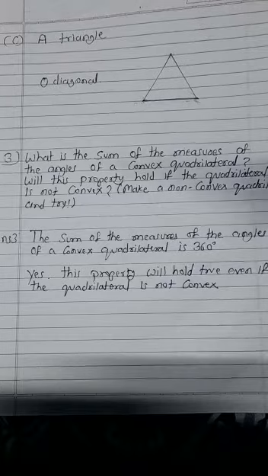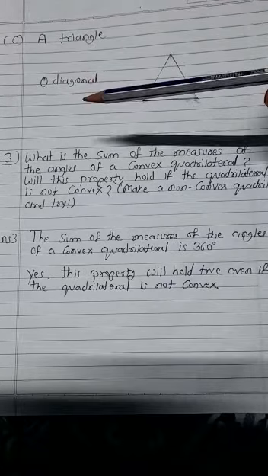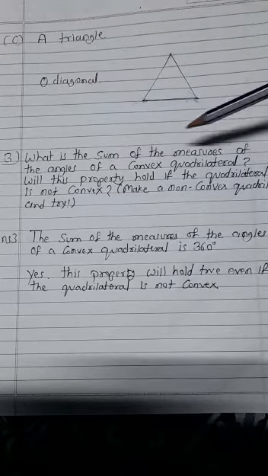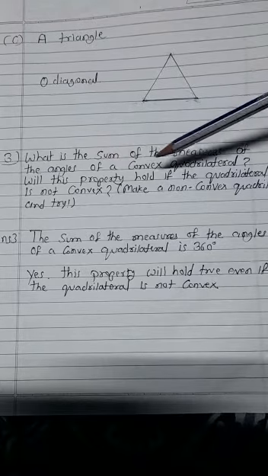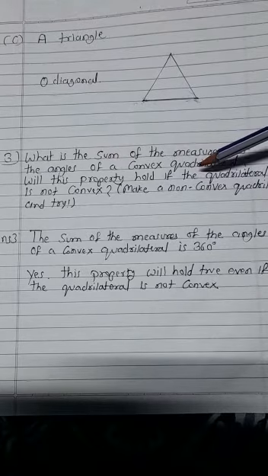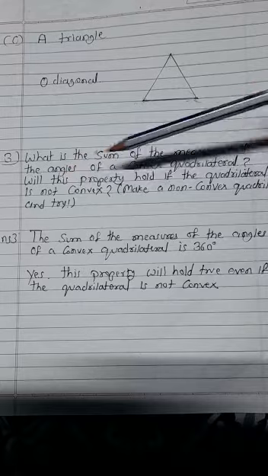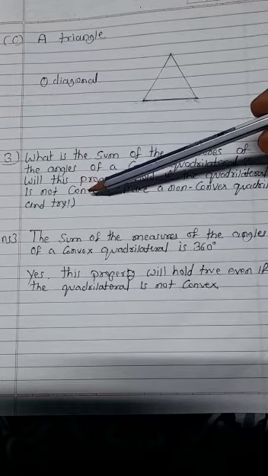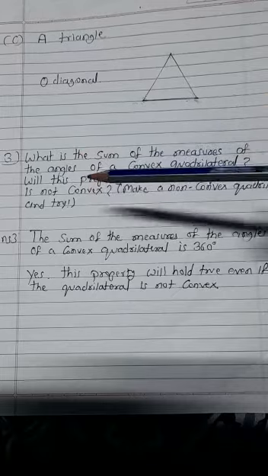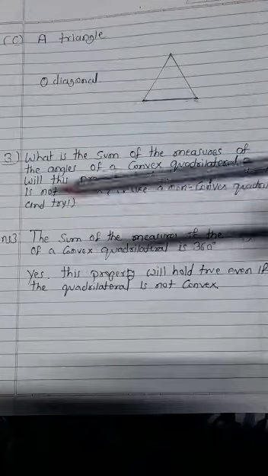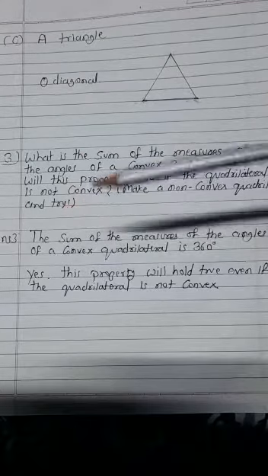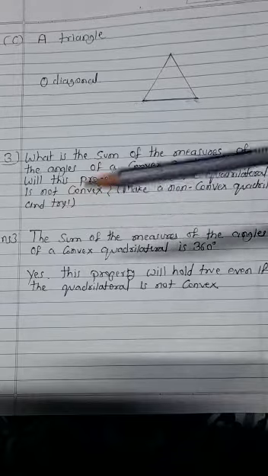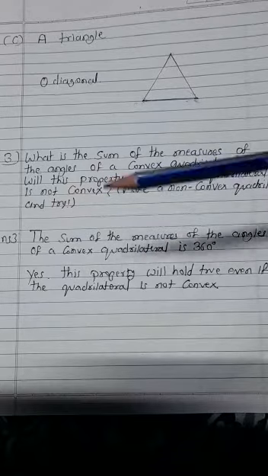Now moving ahead to the next question: what is the sum of the measures of the angles of a convex quadrilateral? Further it says, will this property hold if the quadrilateral is not convex? So the answer for this one is, as we know, the sum of the measures of the angles of a quadrilateral is 360 degrees.